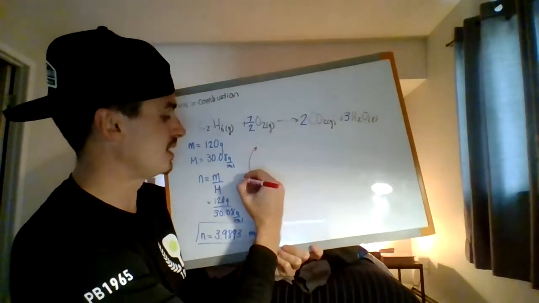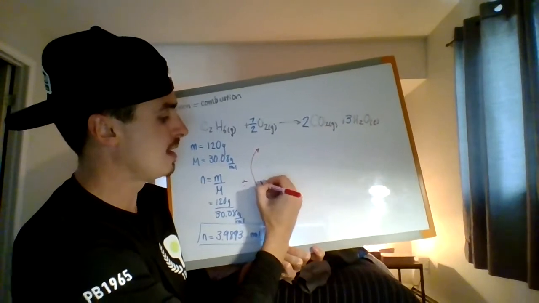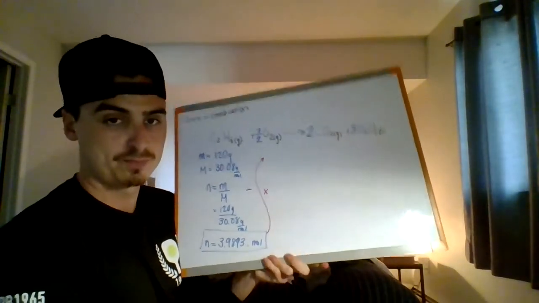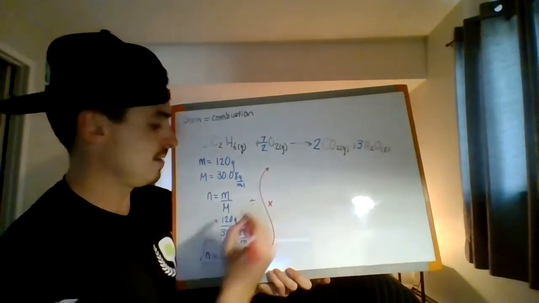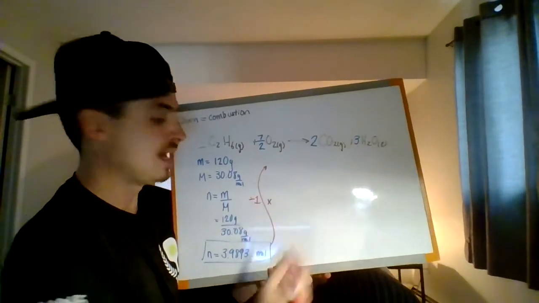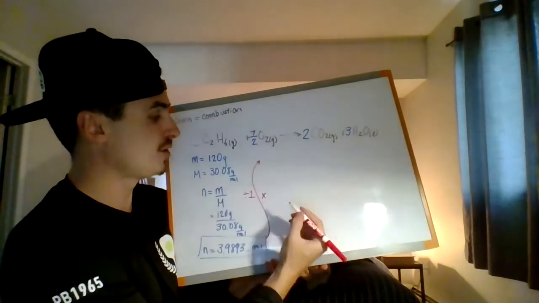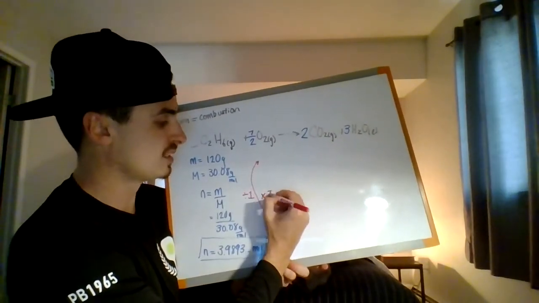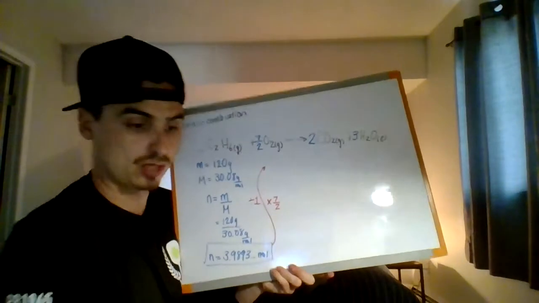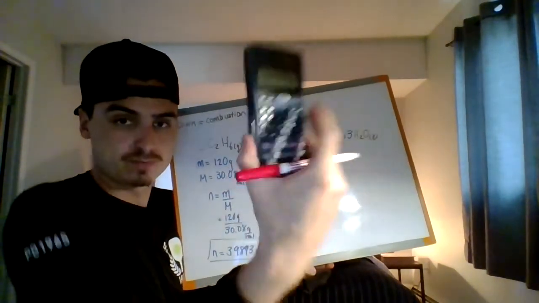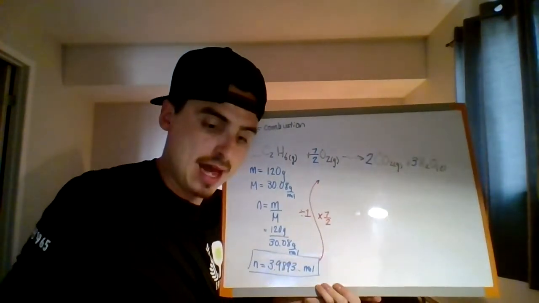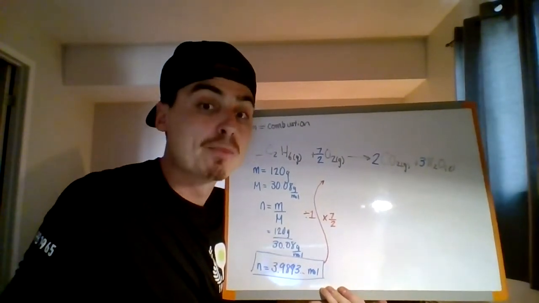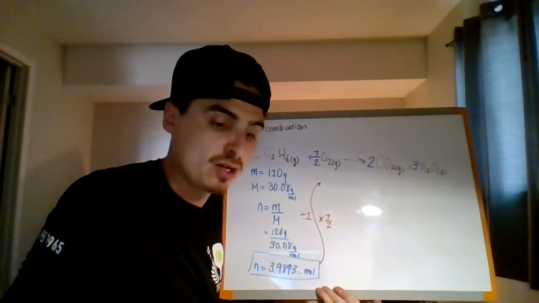Now, the molar coaster is I divide by where I start and I multiply by where I'm going. So I divide by where I start. The coefficient here is 1. So I divide by 1. And then I multiply by the coefficient of where I'm going, which is 7/2. So take your moles, divide by 1, stays the same, and then multiply by 7/2.